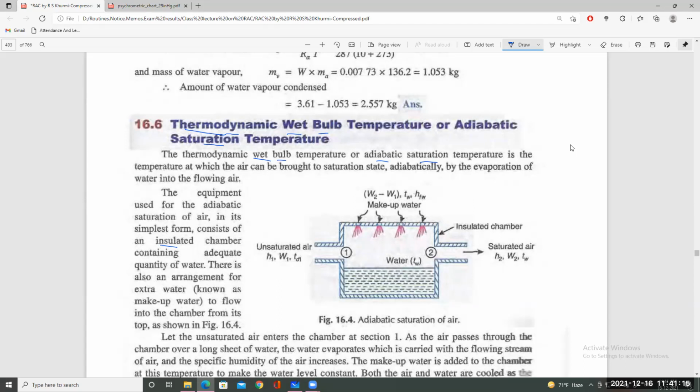Now, the unsaturated air enters from this side, and saturated air goes out from this side, and air passes over a long sheet of water. As the temperature of the incoming air is higher, evaporation takes place from the surface of the water, and the evaporation carries out the latent heat, taking it from the air as well as from the water.